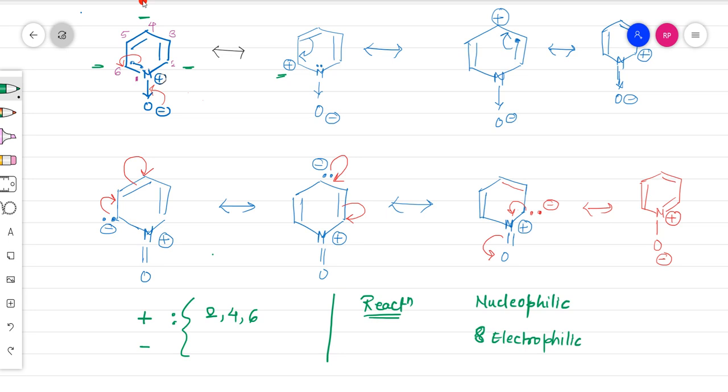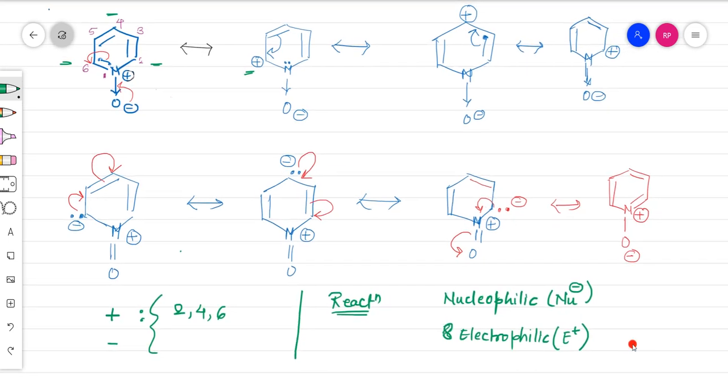They don't undergo addition reaction in spite of the double bond, because they are more stable and can undergo substitution. Nucleophilic means what? Negative charge is replaced by negative. Electrophilic is positively charged electrophile will attack. So you tell me which type of substitution will pyridine N-oxide undergo?